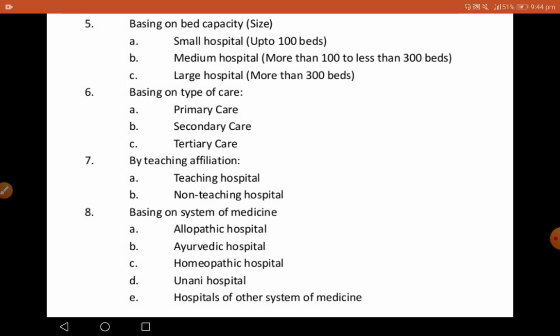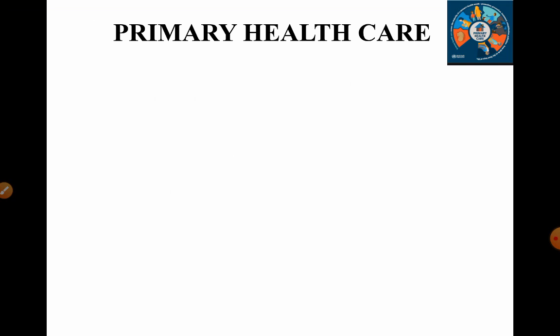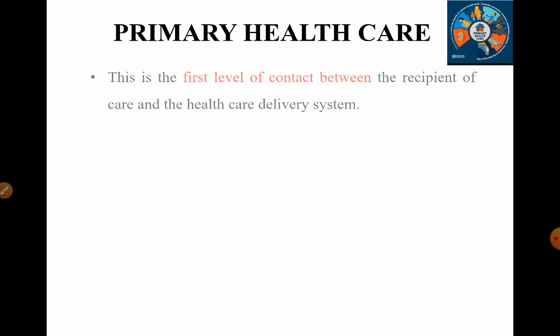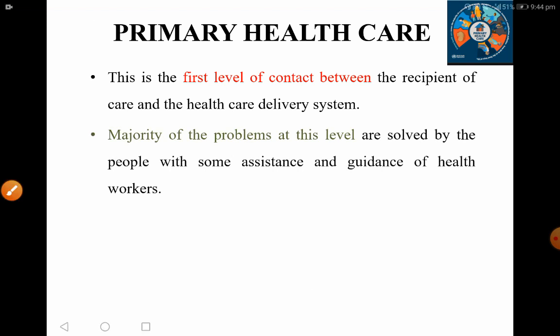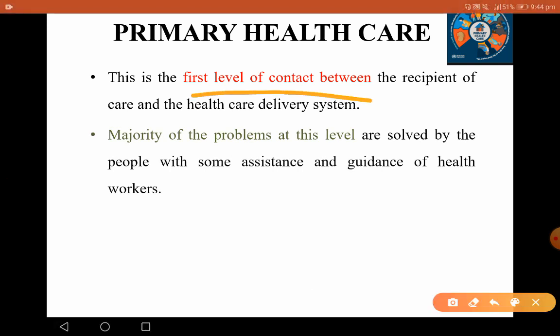I have already said something regarding the primary health center, and you will be much more familiar with the primary healthcare centers. This is the first level of contact between the recipient of care and the healthcare delivery system. The first level of healthcare providing facility is the primary healthcare center. The majority of the problems that patients face will be resolved in these primary healthcare centers.